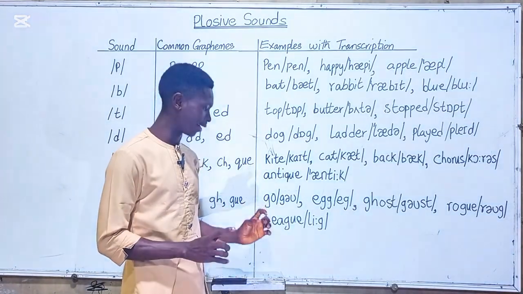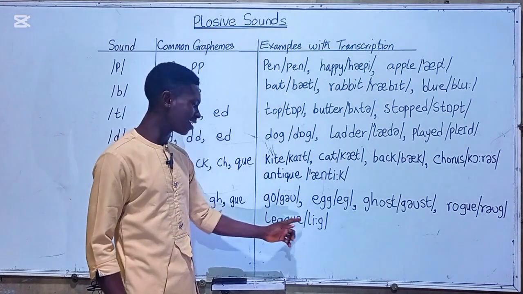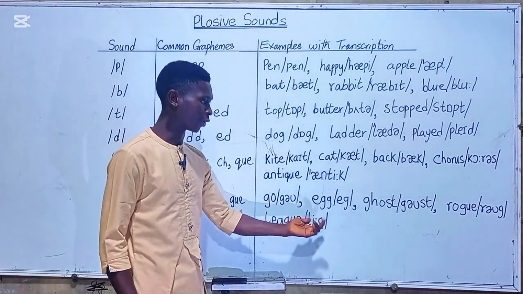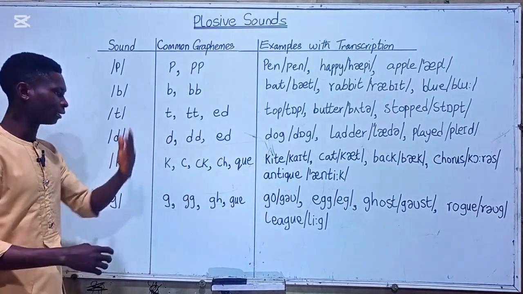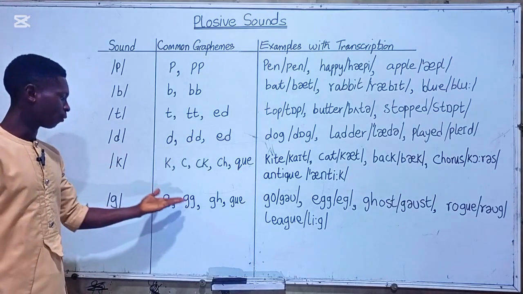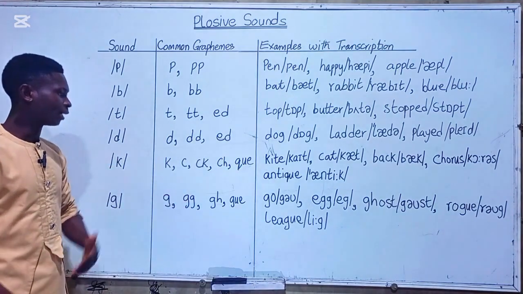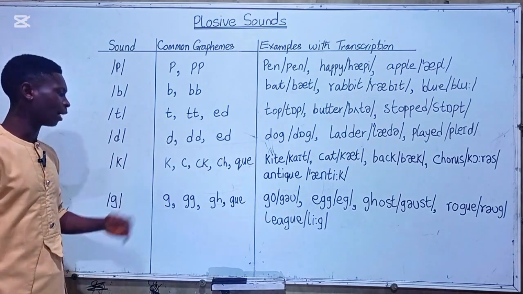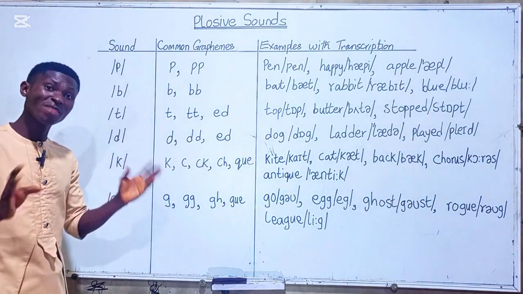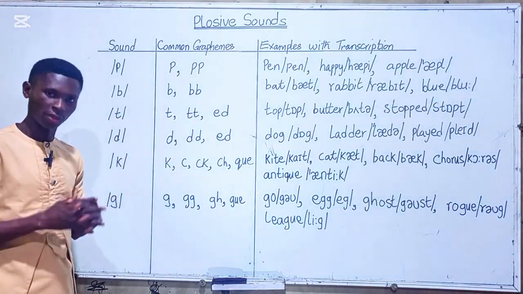So this is to say that GUE is the spelling of the G sound. Again, we have GH as in ghost. We have GG as in egg. Then we have G as in go. We have many other words like this.